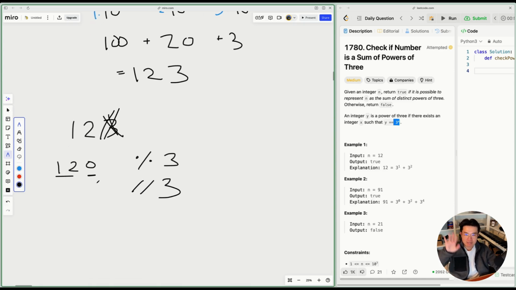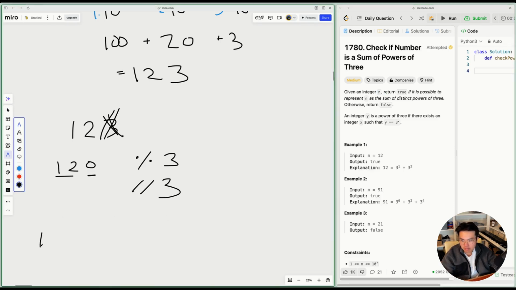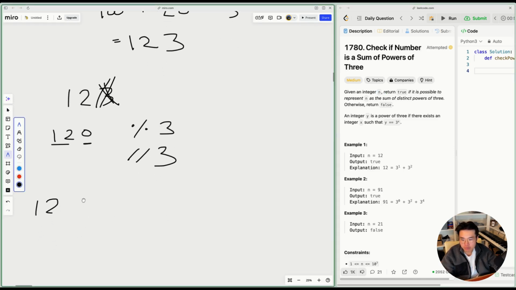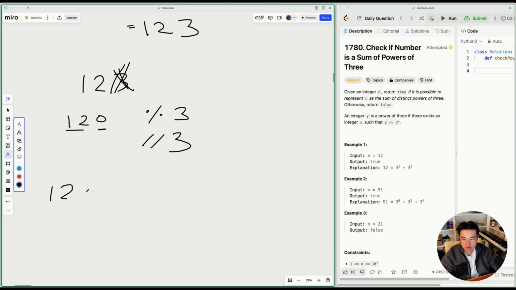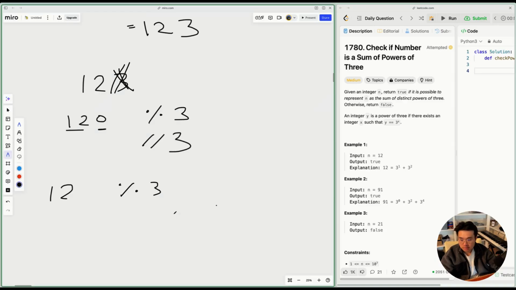They're going to give us a base 10 number, so if they gave us 12, to get the first digit all we have to do is mod it by 3. 12 mod 3 is 0, so we're going to have a 0 right here.